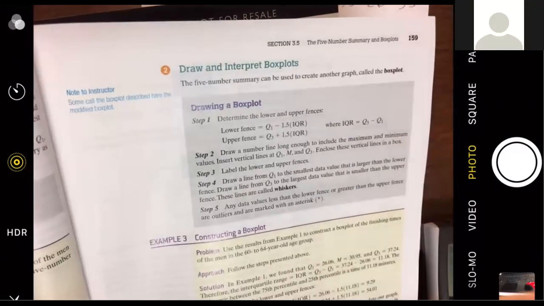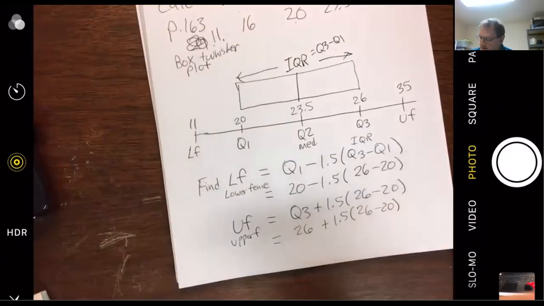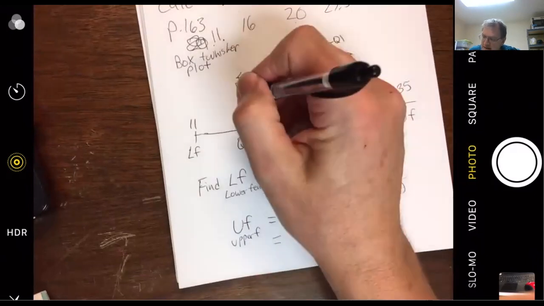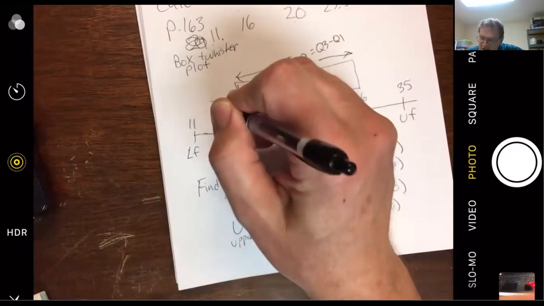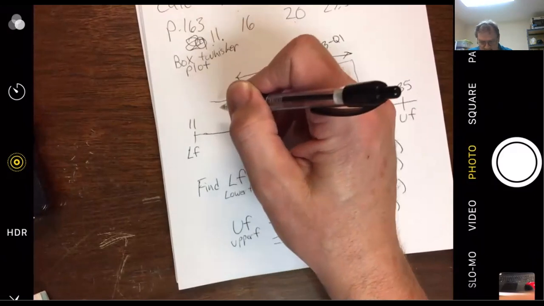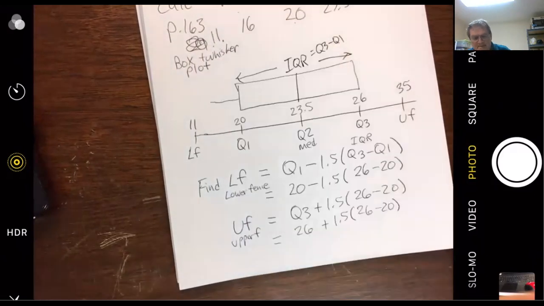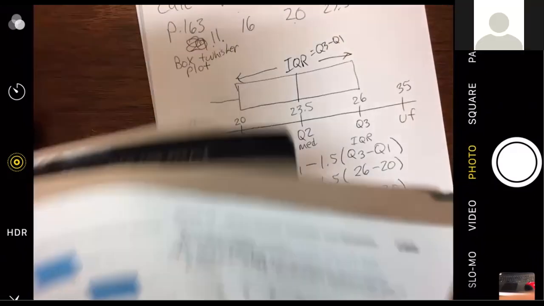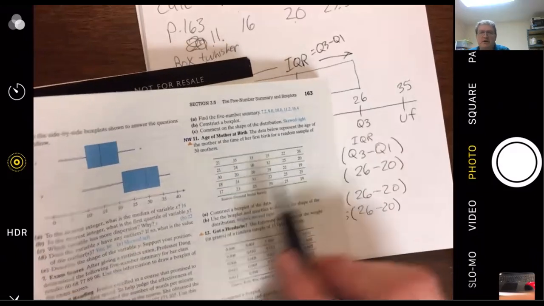Now, here's where I don't know if we got this across in my earlier videos, but the line goes to the lowest data value inside the fence. So if you look at the data, this is problem 11. You can also see it on the page here.